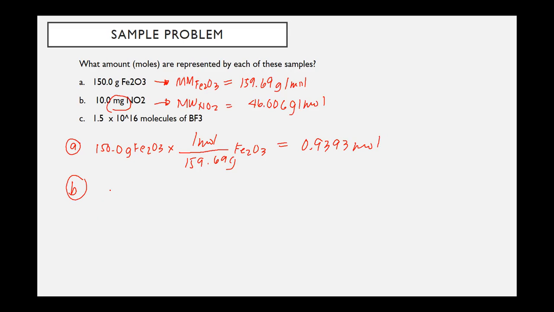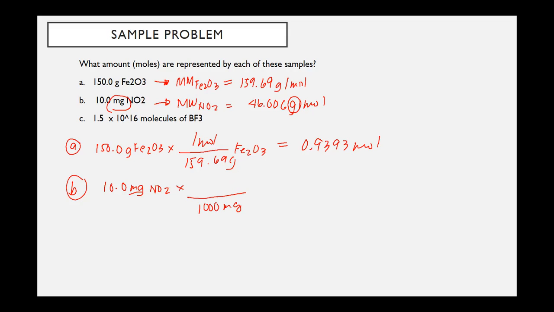And meron daw tayo dito 10.0 milligrams NO2. But since our molecular weight from the molar mass is in grams, we have to convert first this milligram into grams. So, dapat medyo familiar din tayo sa mga conversion factors.